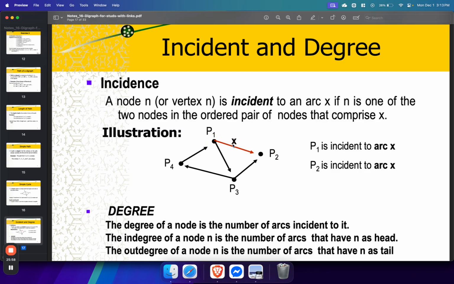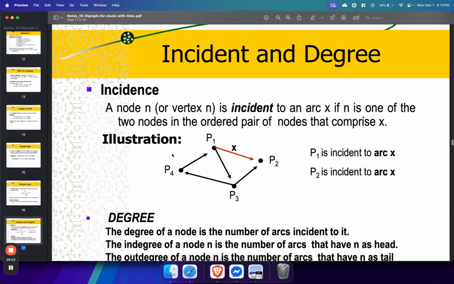Because P1 and P2 make up that specific arc, P1 is incident to arc X and P2 is incident to arc X. P3 is incident to whatever this arc is called. If I call this Y, P3 is incident to Y and P2 is incident to Y.